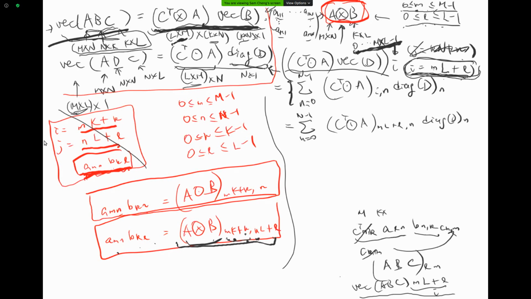But if I look at this one here, I already know from another simple identity we got earlier that this is actually equal to C transpose M times A L N times the diagonal of Dn, or maybe just Dn here, sum from n equal to 0 to n minus 1.